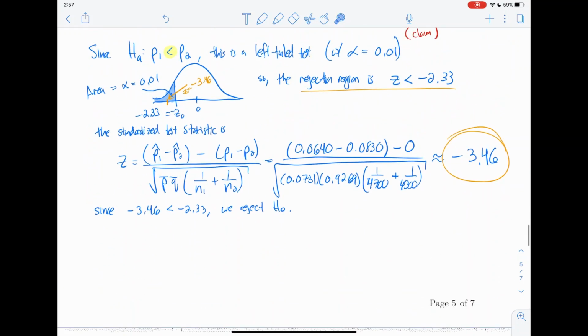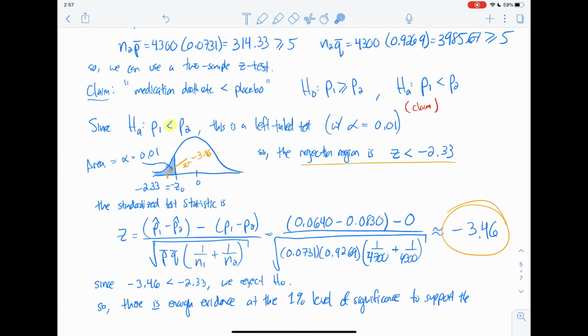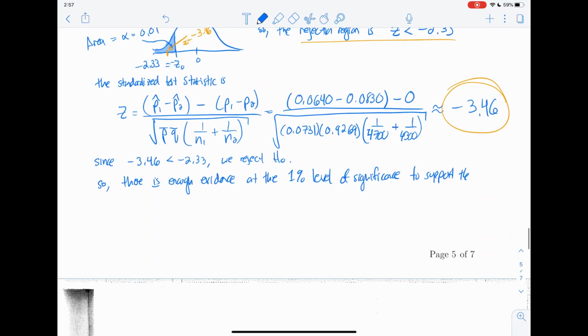So writing that down, we're going to say that there is enough evidence at the 1% level of significance to support the alternate hypothesis, which is the claim.